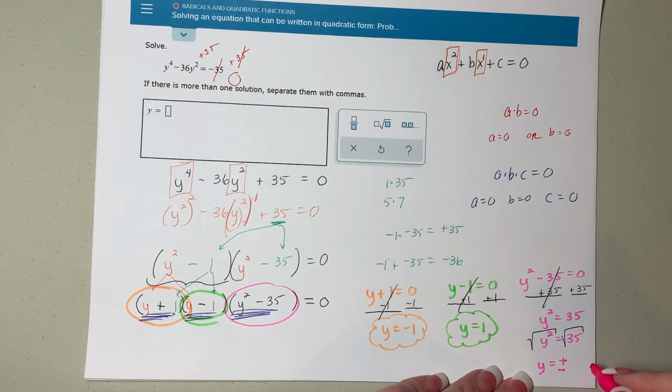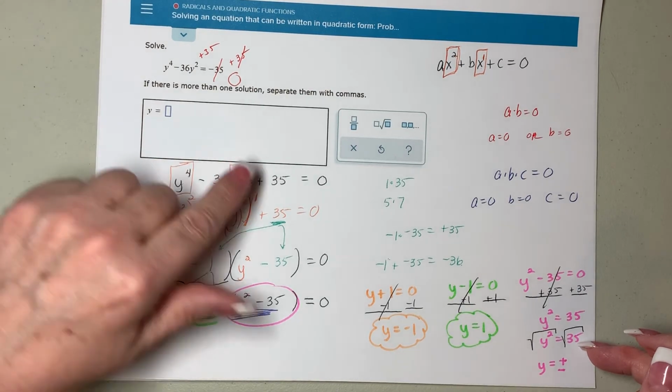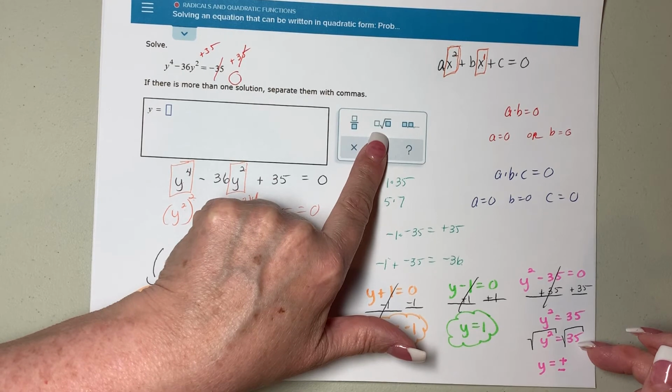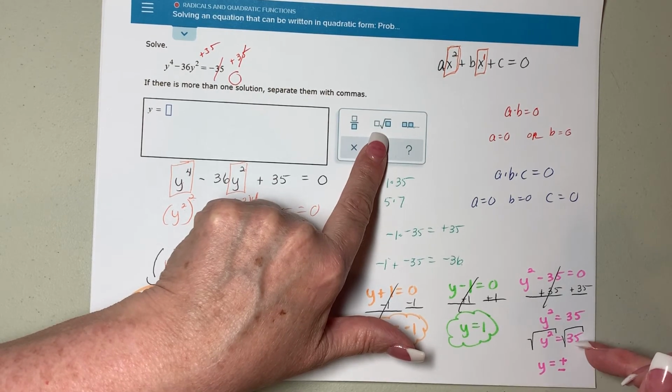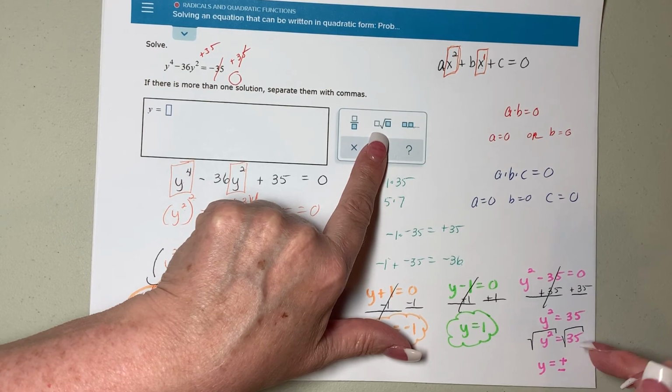And I'm reading in Alex, it says if there is more than one solution, separate them with commas. And I'm looking at their little box here, and they've got a choice with a square root in it. So they don't want me to grab my calculator and take the square root of 35, because that's not a perfect square.